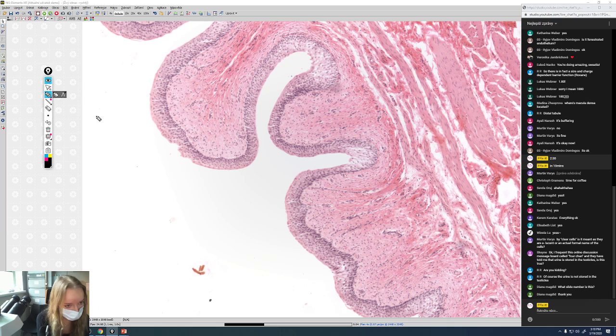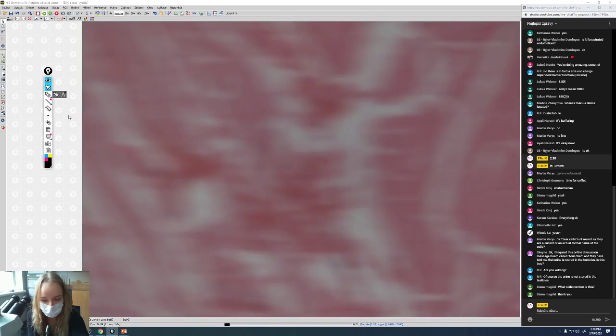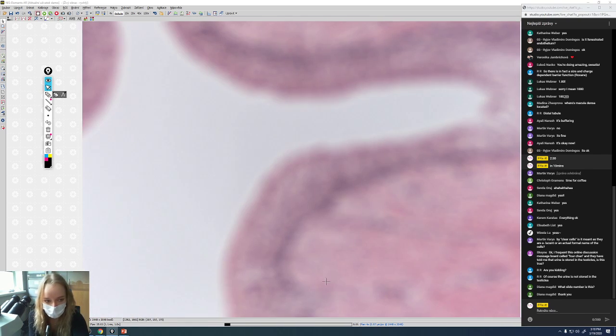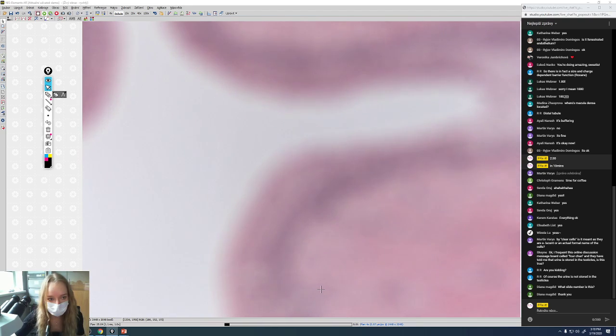So once again, we can see a mucosa right here. And it's really the same. The difference isn't that much here. There is an urothelium on its surface. Maybe we can check that. Urothelium. Hello there, urothelium.